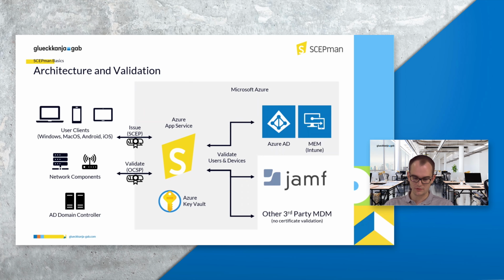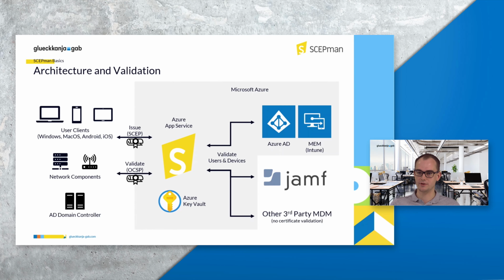Those are the two key points why we have changed that behavior in the new version of SCEPman. You see it on the slides. So what we have basically done is adding Intune as an additional device directory. The architecture itself basically looks the same.